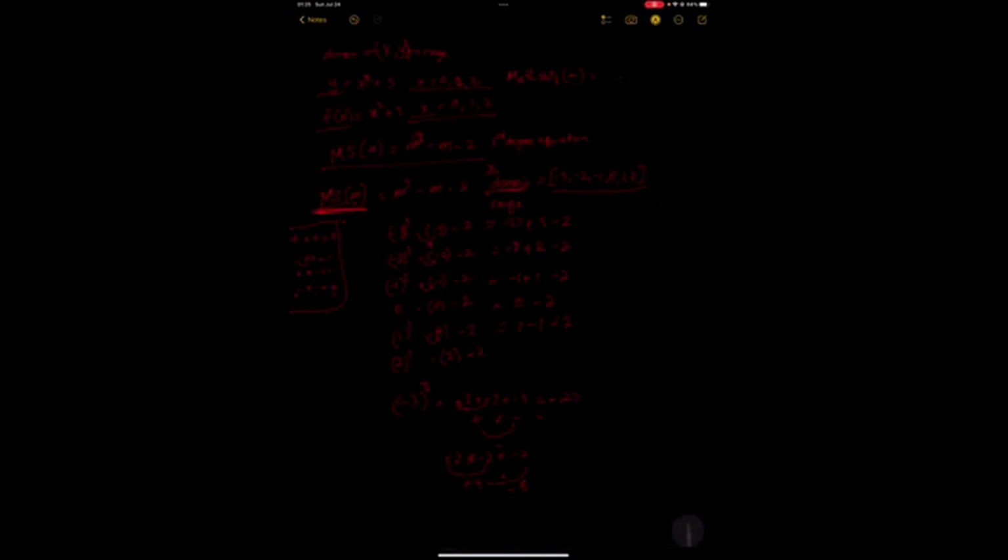And 2 cubed will be now 8. This is a plus 2. So negative times positive is negative. Minus 2, minus 2. And so we have minus 27, minus, that would be minus 26.